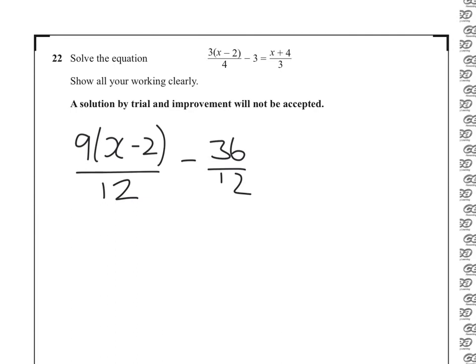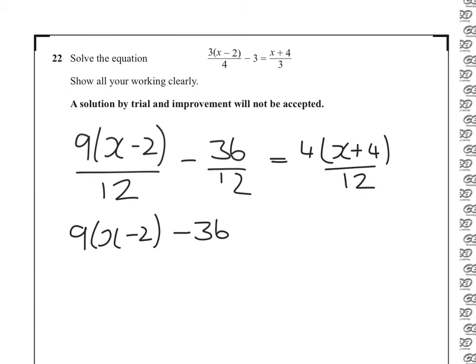and x plus 4 over 3, we have to multiply the denominator by 4, so we multiply the numerator by 4. Once the denominators are the same, then the numerators must then be equal.